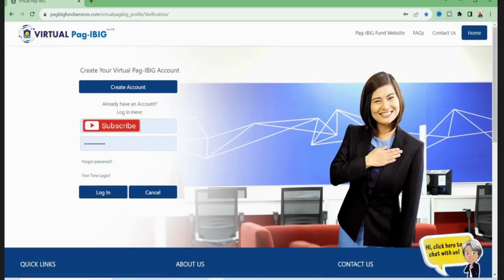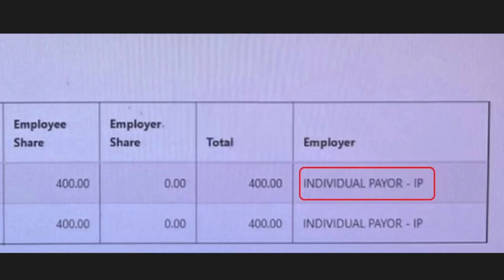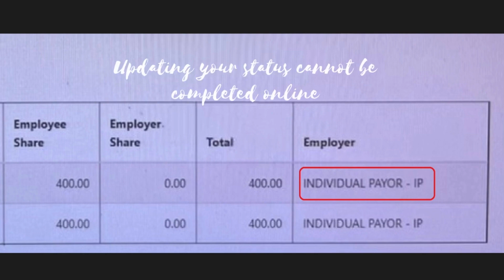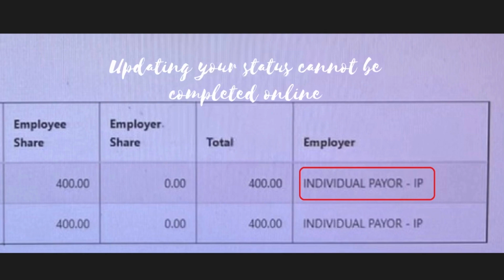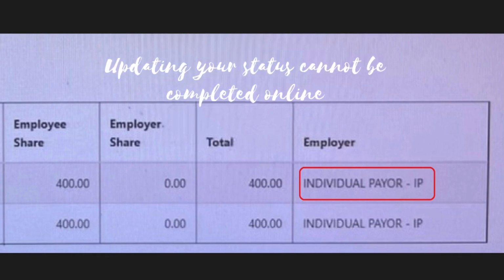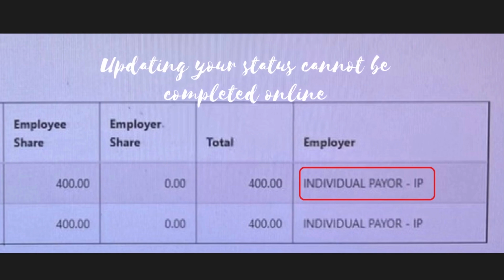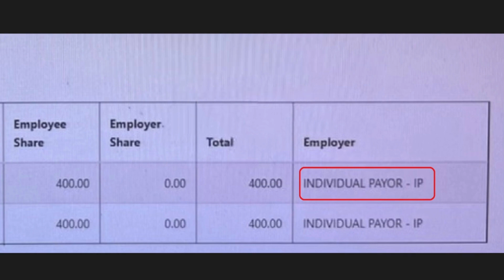If you wish to remain an active PAGIBIG member and continue contributing, you can become a voluntary member, otherwise known as an individual payer. Please note that the process of updating your status cannot be completed online. A visit to the nearest PAGIBIG branch is essential for this task before proceeding with online payments.